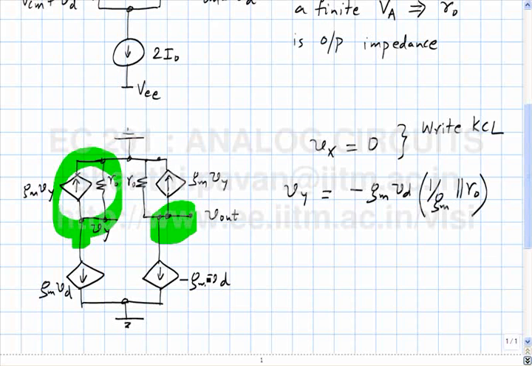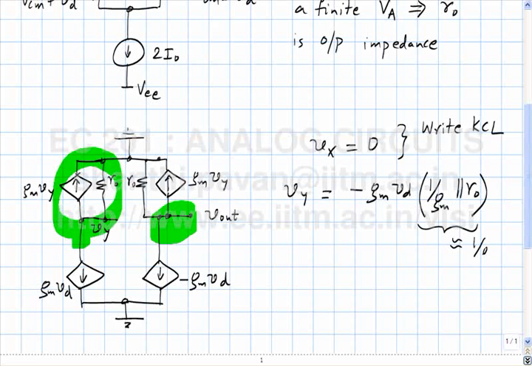And can you comment on the relative magnitudes of 1 over Gm and R0? R0 will be much larger than 1 over Gm. So this quantity is going to be approximately equal to, if you parallel a large resistor and a small resistor, the equivalent resistance is the small resistor itself.